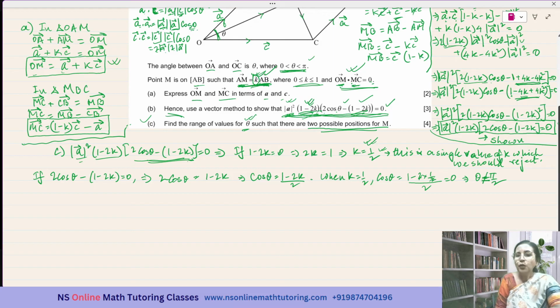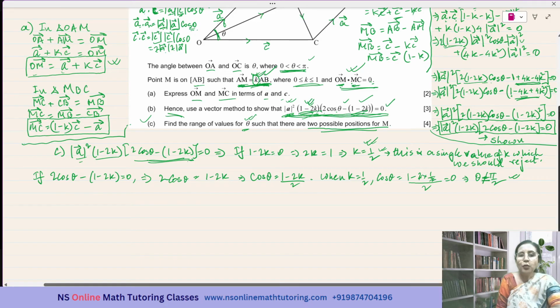So we have to reject theta equal to pi by 2 as well. Now we are coming to what can be the different values of theta. We have seen what cannot be a value of theta. Now coming to what can be the values of theta. So we know that k is between 0 and 1.